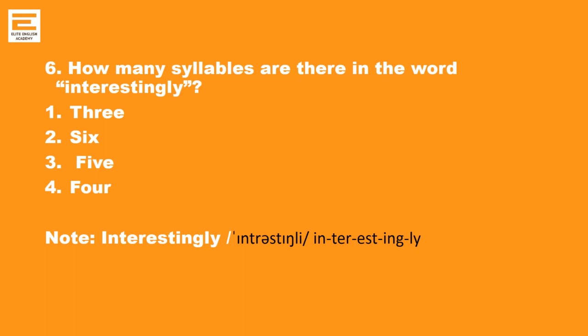If you know this, you can easily give the correct option. So 3, 6, 5, 4. If you have any doubt regarding this particular word, 'interestingly' has 5 syllables. So that is the answer. The basic definition is that the number of vowel sounds decides the number of syllables in a word.